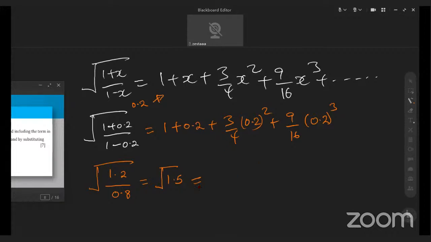So when you substitute here, you should be able to come up with 1 plus 0.2 plus 0.03 plus 0.0045, I think. So finally, you'll come up with your final result for the root of 1.5, which will be 1.2345.